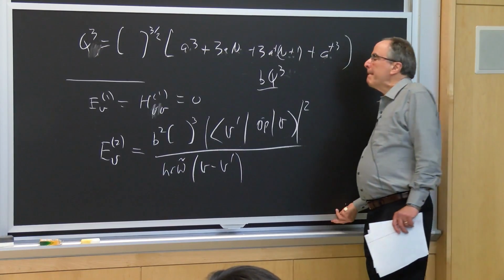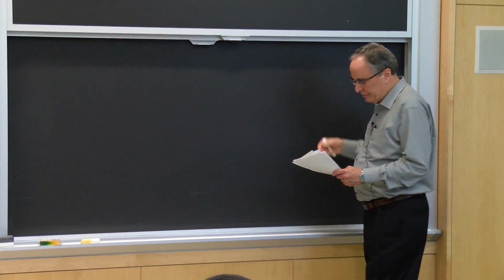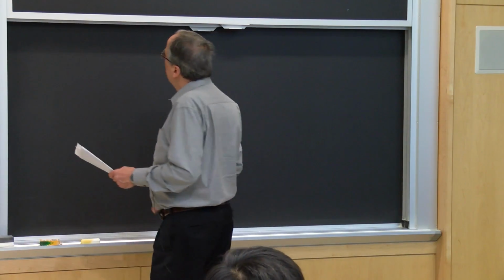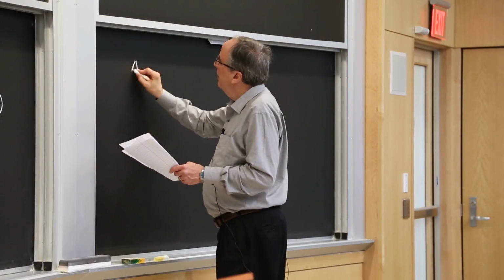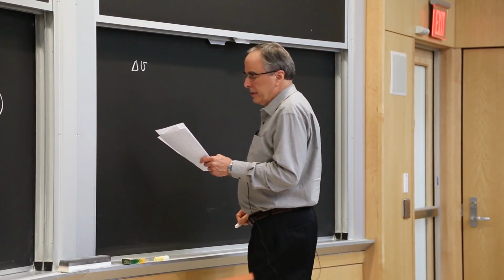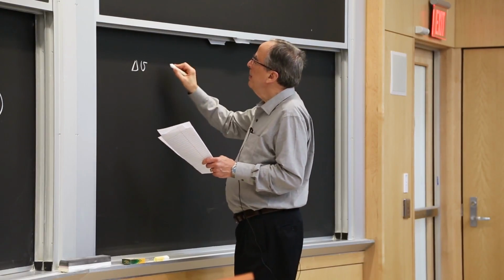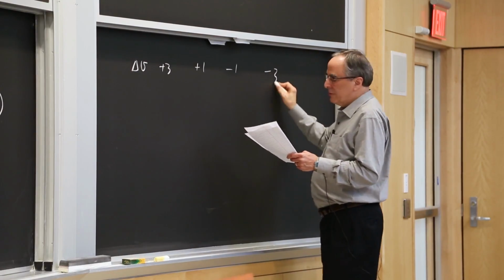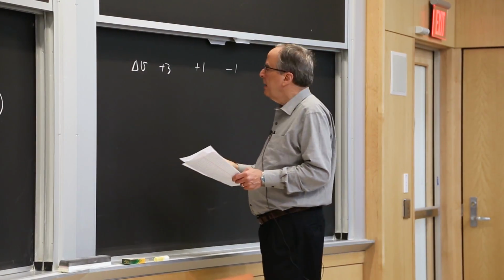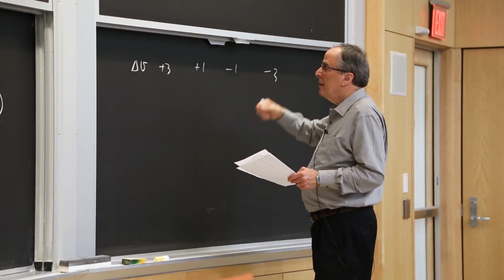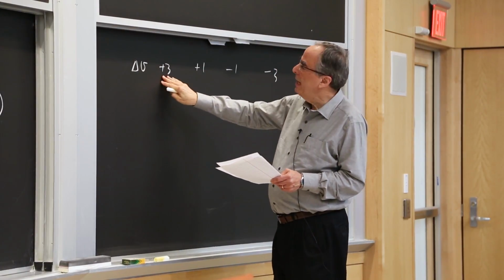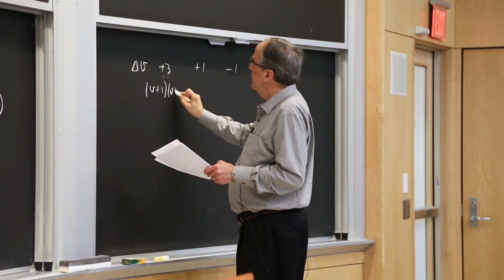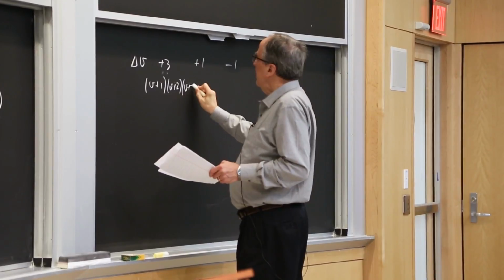Okay, so we do it. And we arrange things according to delta V. We have delta V of plus 3, plus 1, minus 1, and minus 3. What we get from the square of the matrix element a dagger cubed is V plus 1, V plus 2, V plus 3.